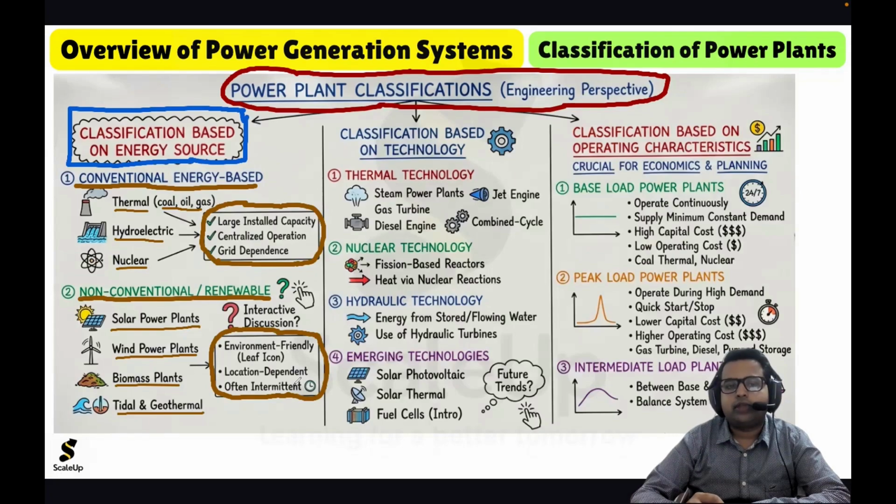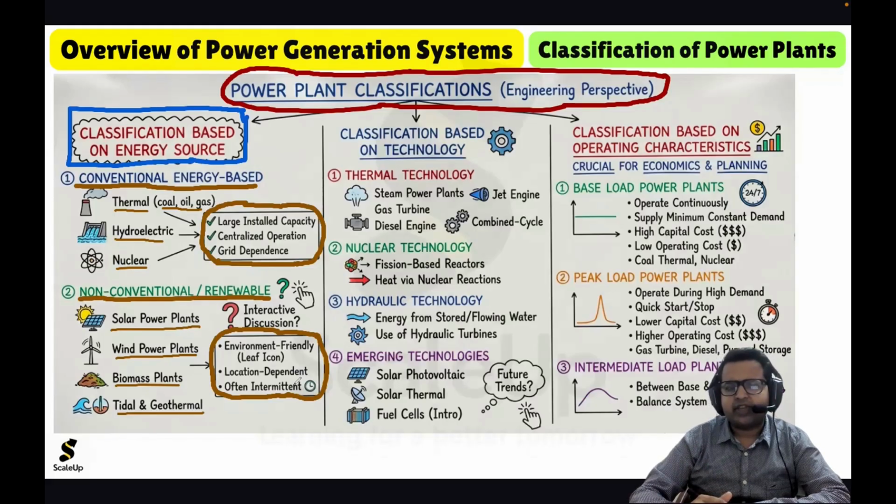So they can pause in between; it's not like they will operate continuously. That's why the installed capacity is limited, and they are decentralized in nature. Decentralized in the sense that wherever the energy source is there, we set up the power plants over there, generate the power, and distribute it from there.